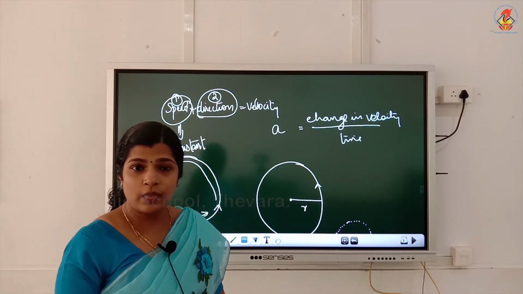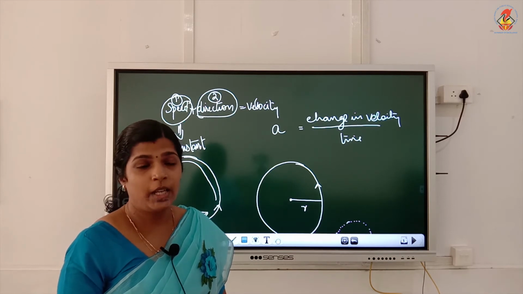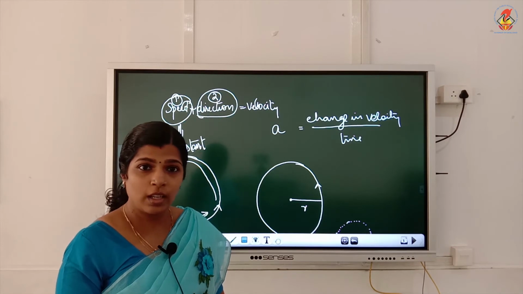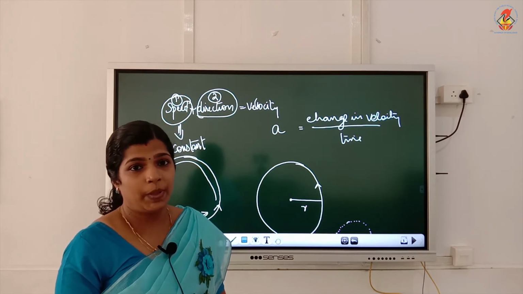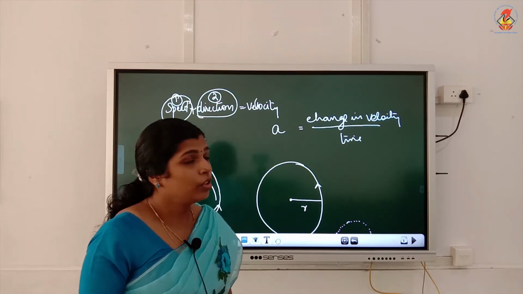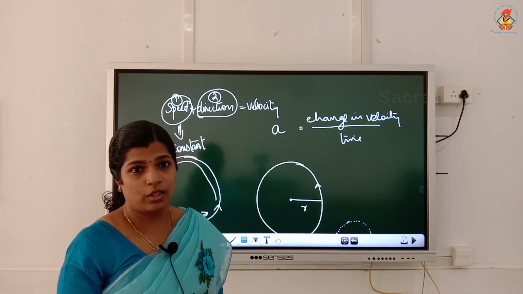We can change the velocity by changing the speed, keeping the direction constant. The second method is to change the direction, keeping the speed constant. Here the direction of motion is changing, but the speed is constant.